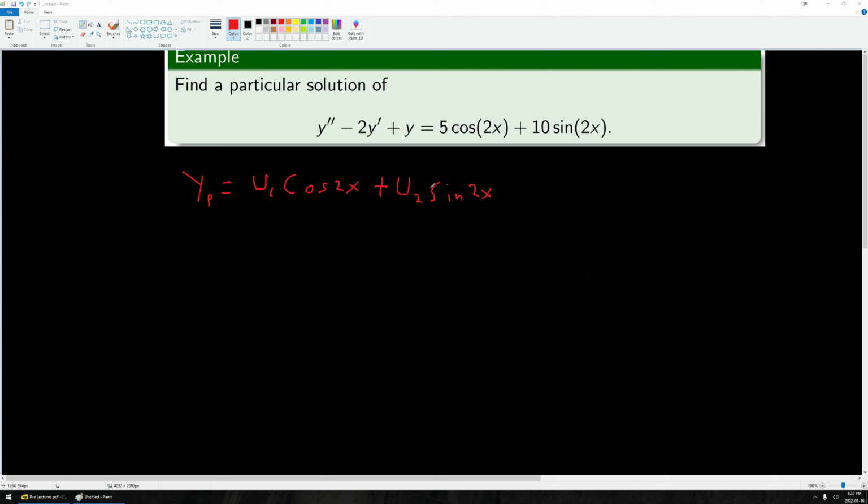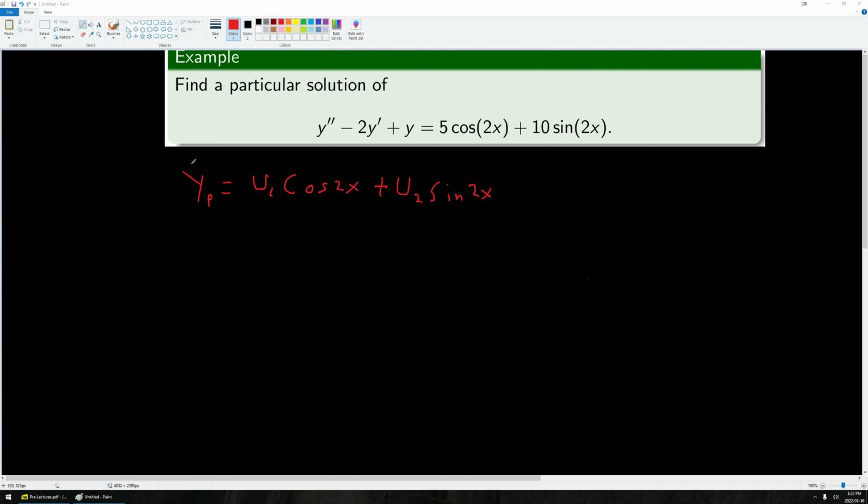In general, this method will always work as a way of deriving new equations for u1 and u2 that could solve this differential equation, but it very well could be the case that I can assume something more particular.